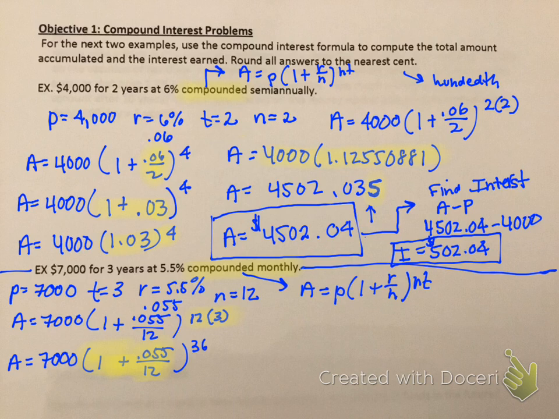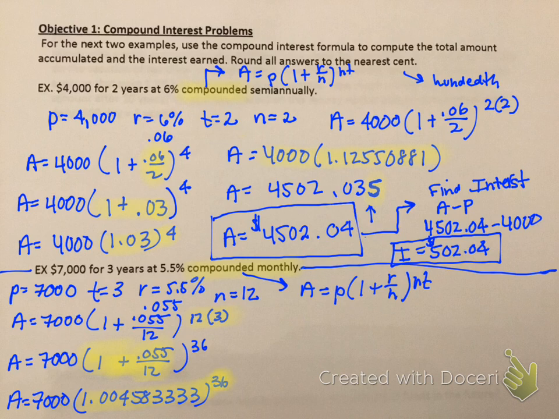So 0.055 divided by 12 is actually 0.00458333333. And if I add 1 to that, I get 1.00458 and lots of 3's. Okay. And then I'm going to raise that to the 36th power. So my next step is to take that number, raise it to the 36th power.